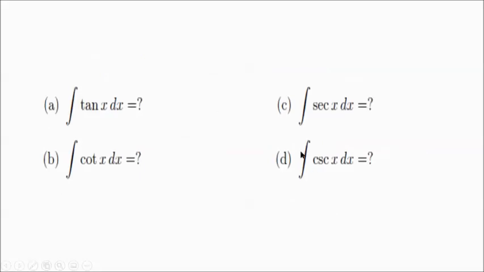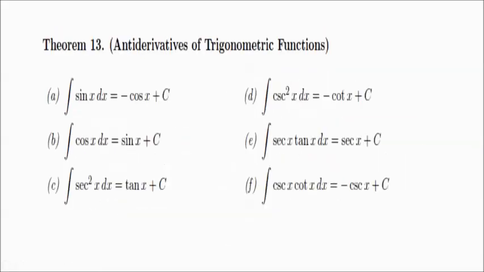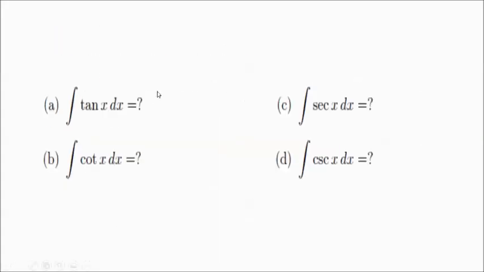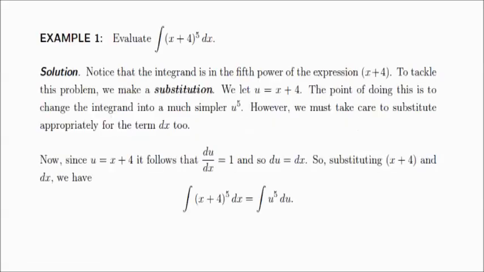So if you notice, class, tangent and all the other trigo functions are not yet in the formula here. So we will discuss again using integration by substitution. So here it is: antidifferentiation by substitution and by table of integrals. We have here, class, the integral of x plus 4 raised to 5 dx.